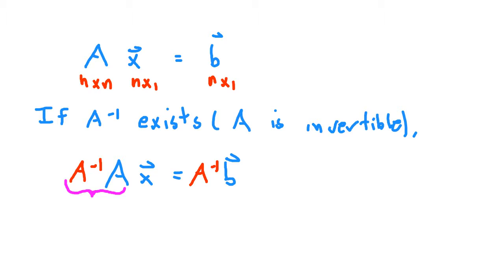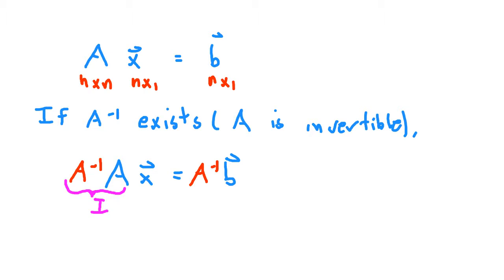When you multiply a matrix A by its inverse, what do you get? The identity. That's right, Bella.